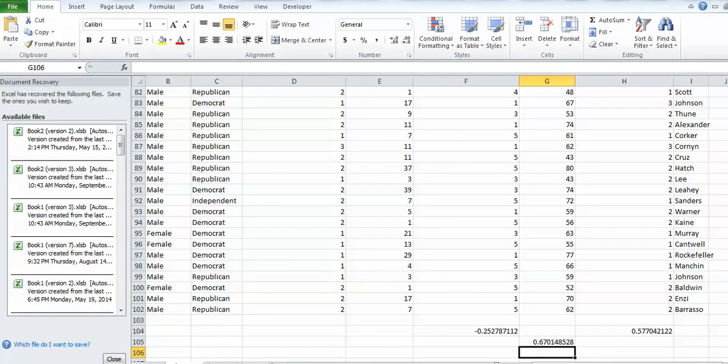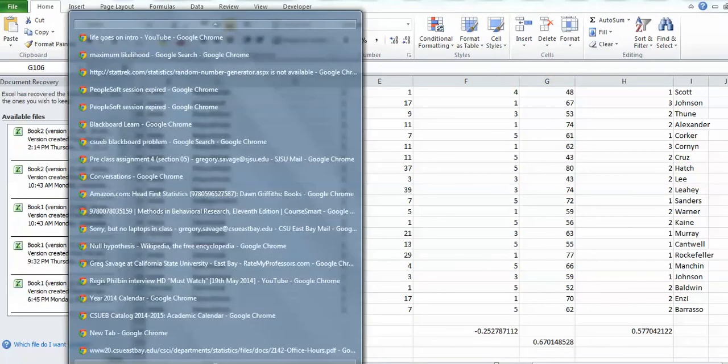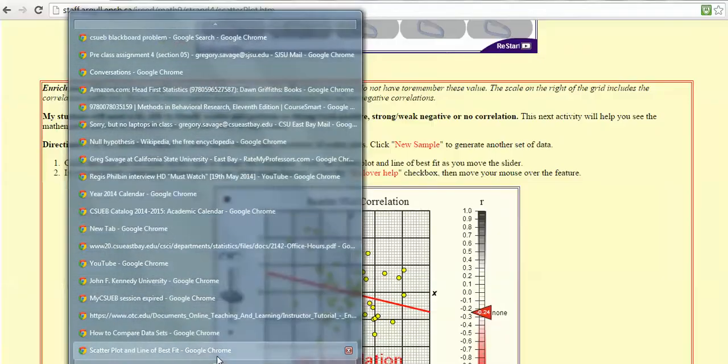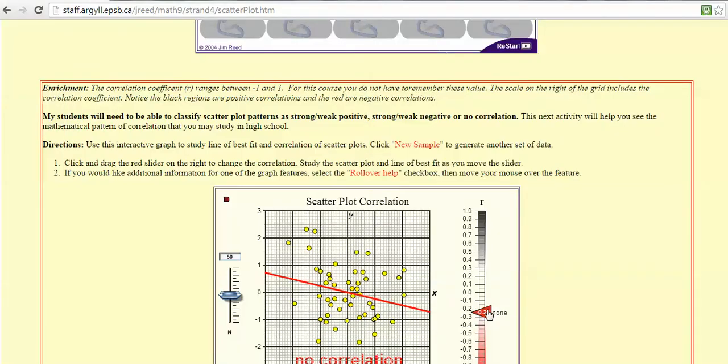We got a 0.67, which is a pretty decent positive correlation. That's somewhere up here.